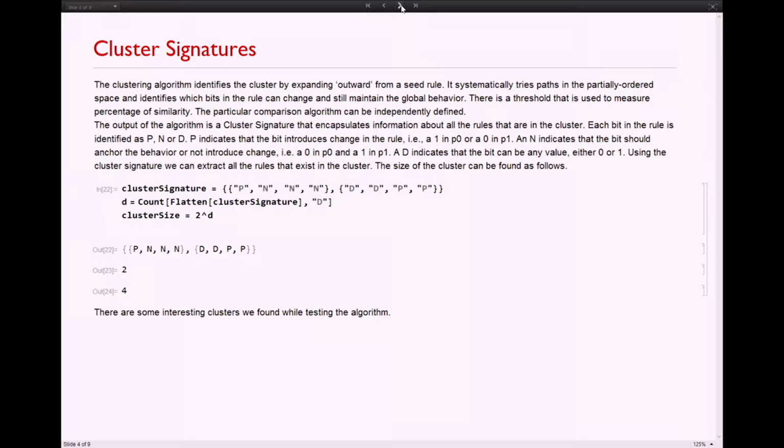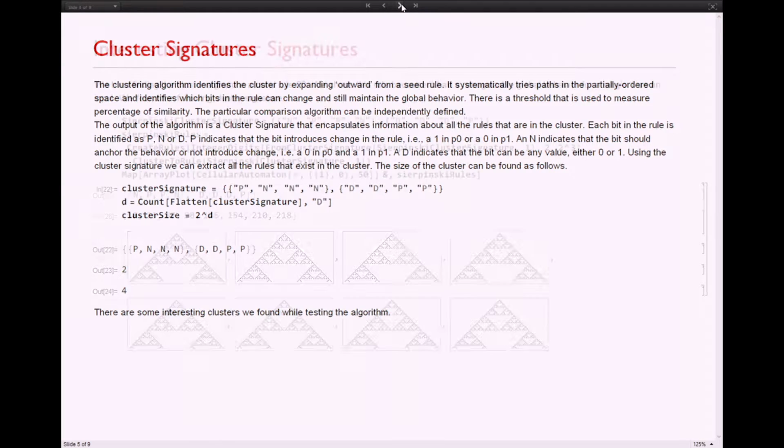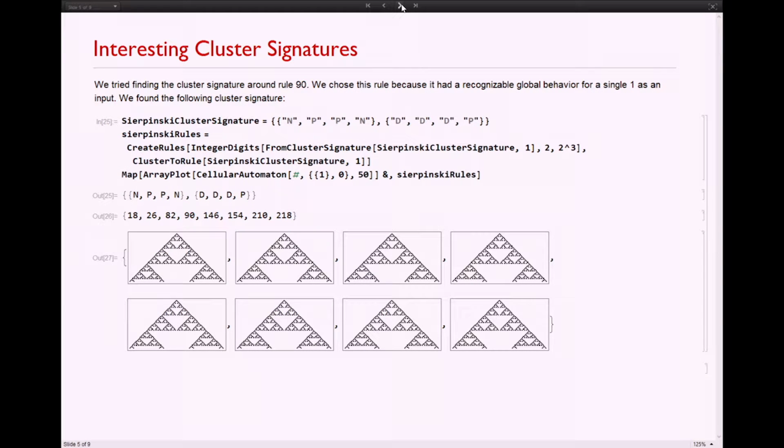So when we run a cluster signature like this, on the next slide, when we create the rules for this particular signature, what we get are all of these Sierpinski's triangles.